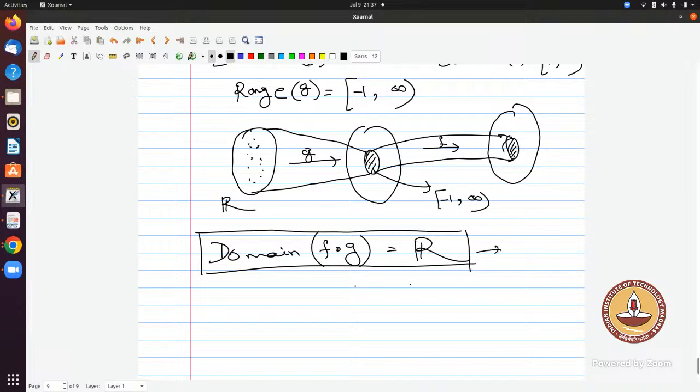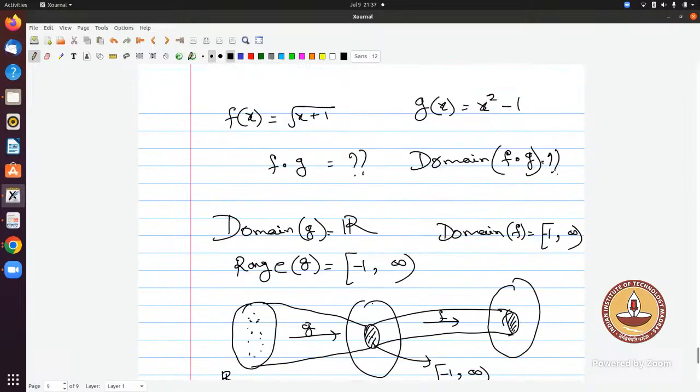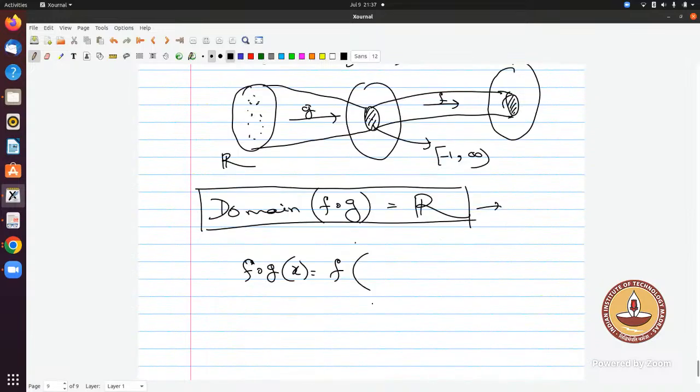Now, what is f compose g if I ask? g(x) was x square minus 1, and then I am applying f to that. f was root over x plus 1, so here it is root over x square minus 1 plus 1, so root over x square. And this, as we have seen earlier, is mod x.